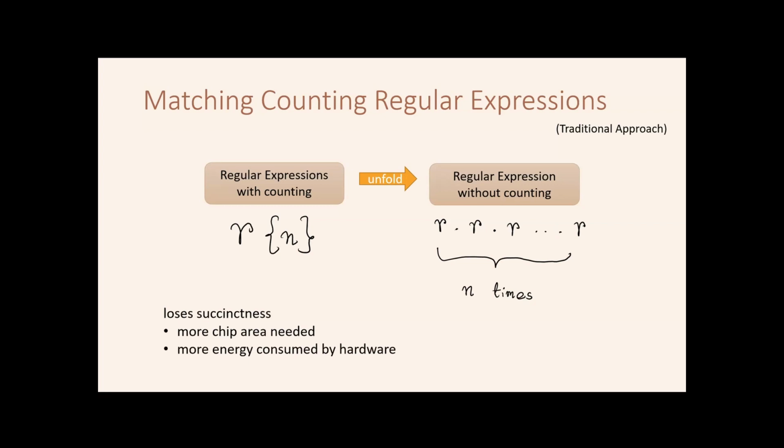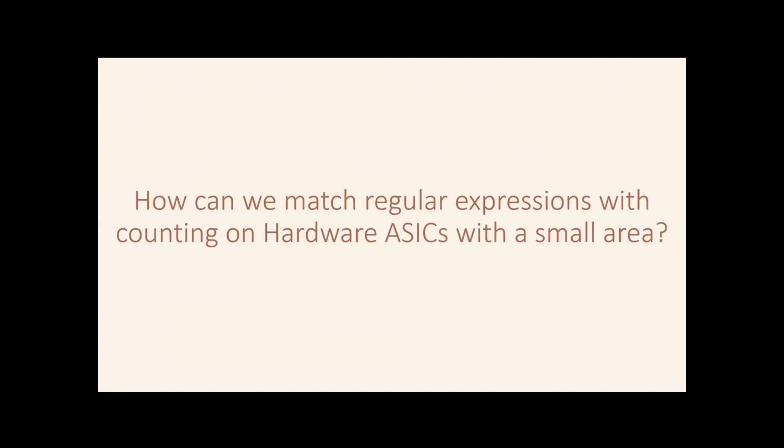However, when we do this unfolding, we lose the succinctness that was provided by the counting. So when we do this on hardware, this means we need more area for the chip and possibly also more consumption of energy. So I would like to talk about how we can match regular expressions with counting on hardware ASICs without losing succinctness.